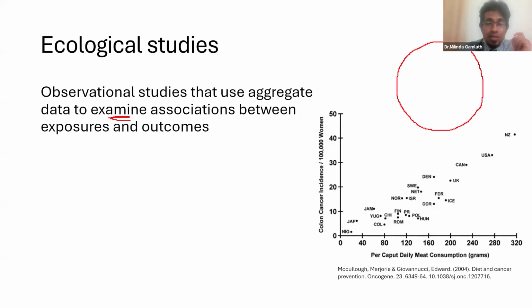So in this example, if you take a population, there might be some people who eat meat and there might be some people who do not eat meat, right? So you are making a certain assumption about that entire population. So that is why you cannot make associations. For associations, you need to go to individual level and see.